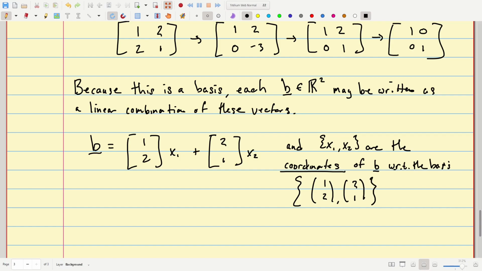Okay. And so x1 and x2 are the coordinates of B with respect to the basis (1, 2), (2, 1). And then I've talked about this abbreviation before, right? I think I have. I just want to make sure.